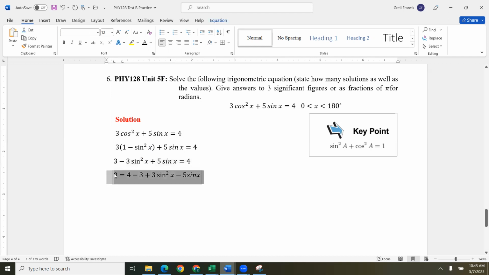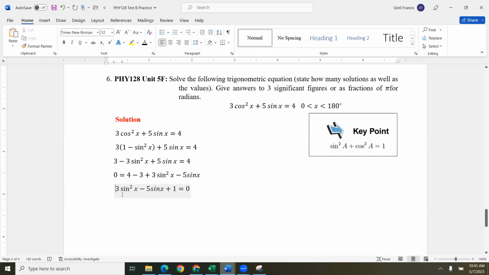So we have a trigonometrical quadratic equation. Let's make it look like ax squared plus bx plus c is equal to 0. So that's a plus 1. 4 minus 3 simplifies to plus 1. So now this resembles ax squared plus bx plus c is equal to 0.